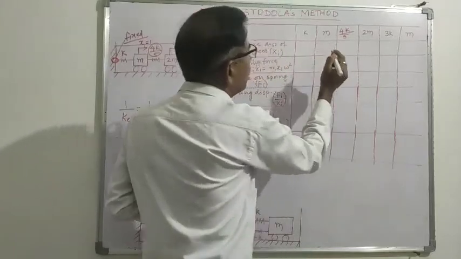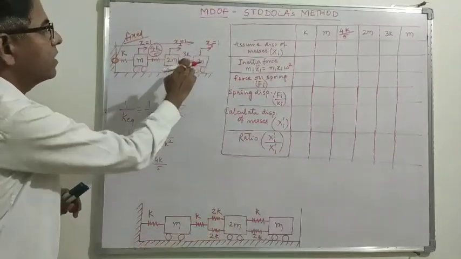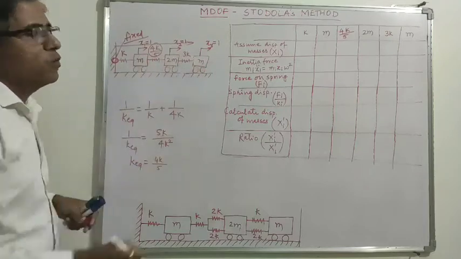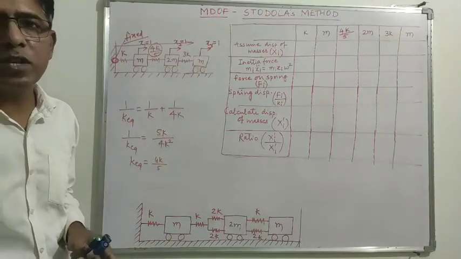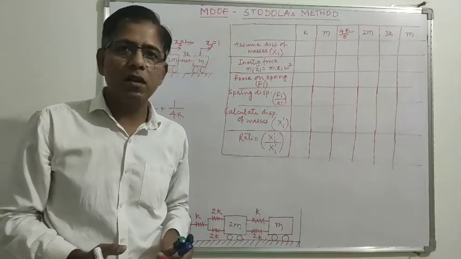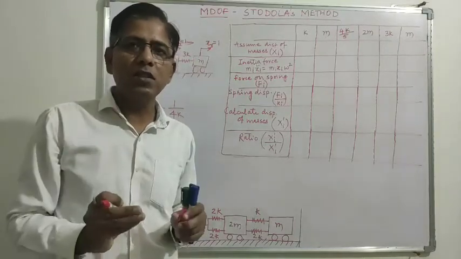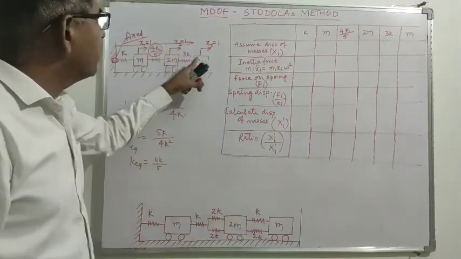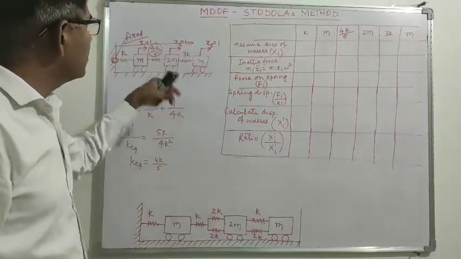And whose displacement are we taking? The masses. The masses are undergoing the displacement, and we know that in the vibration model we are only concerned with the displacement of mass, nothing else. So here we are taking the displacement of masses.